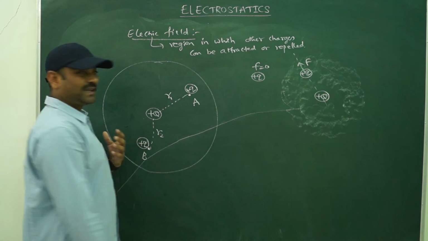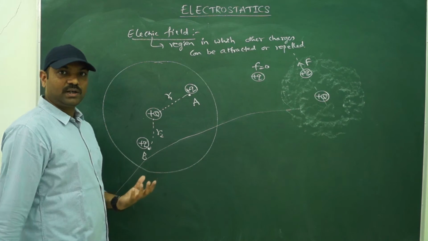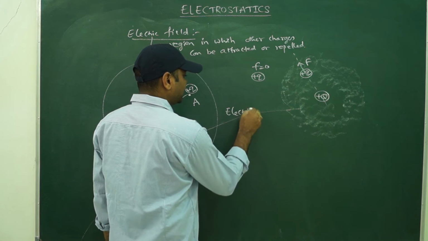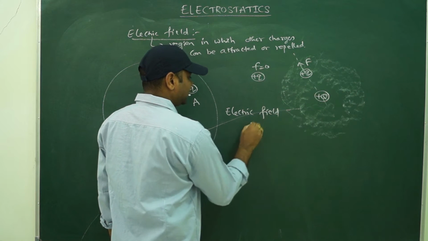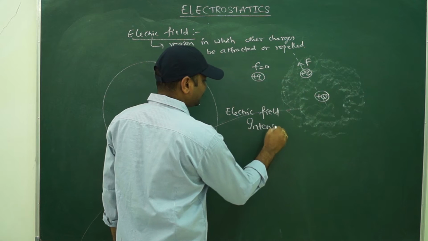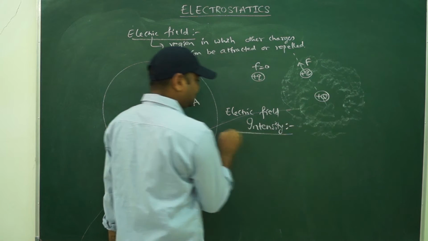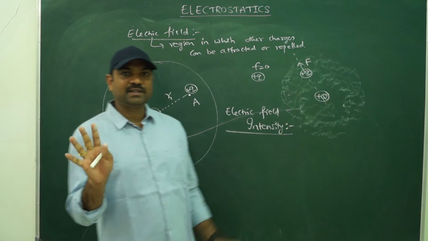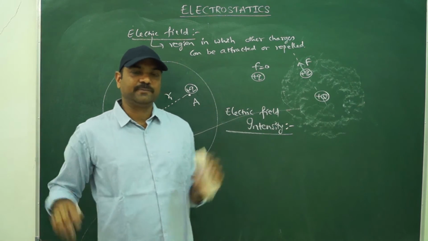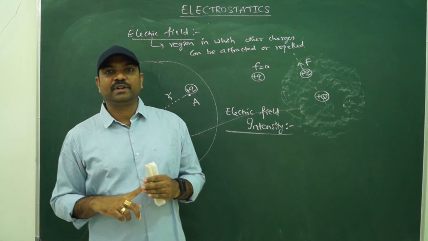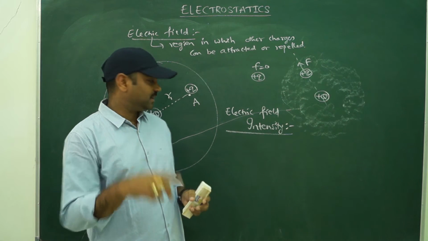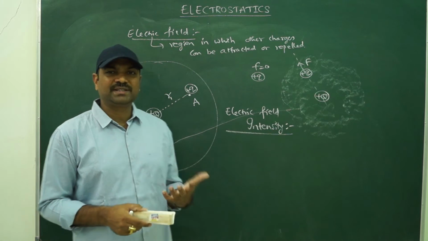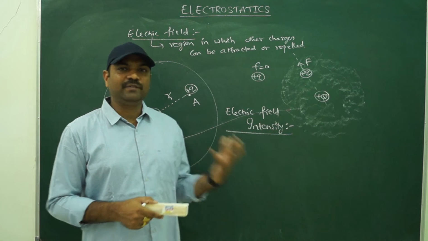For that, they come up with one more name, called electric field intensity. So in this video you will find two terminologies. One is electric field, which is nothing but a place or region, that's it. But the second important thing for us is electric field intensity. What is the meaning of electric field intensity? That I will discuss; sometimes I call it the electric field value.